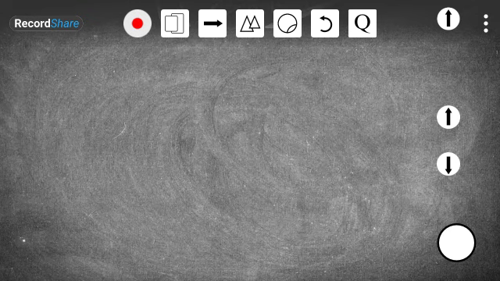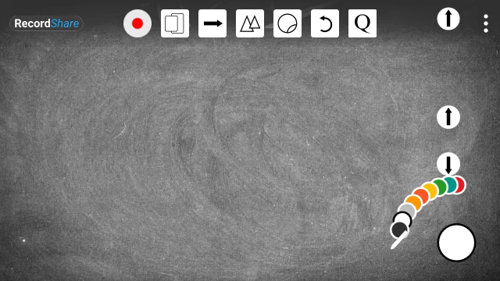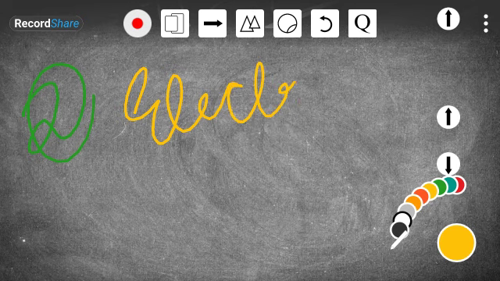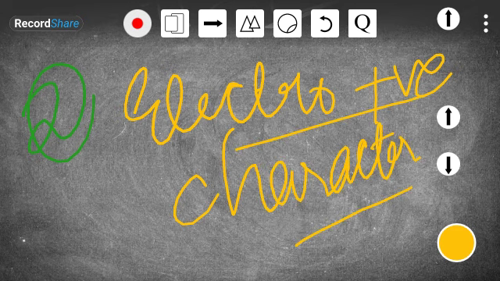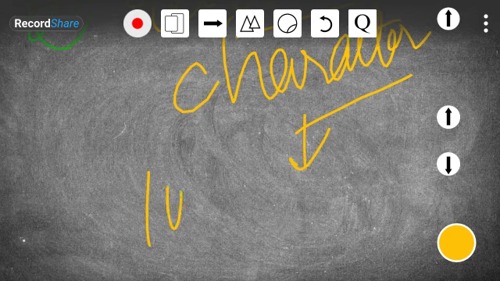Number 2 is electropositive character. Both hydrogen and alkali metals are highly electropositive, means they can lose their electron very, very easily.